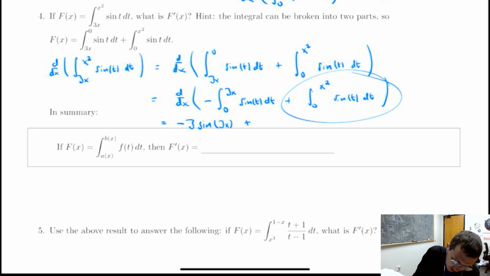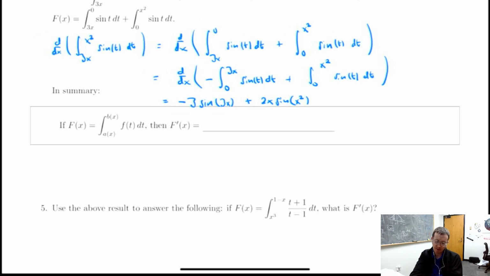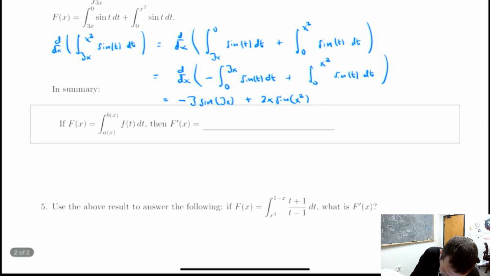And the same thing happens here. I plug the upper bound into the integrand, and I multiply by the derivative of the upper bound. So if you write out a general formula for what's going on, you're ending up with f of b of x times b prime of x.